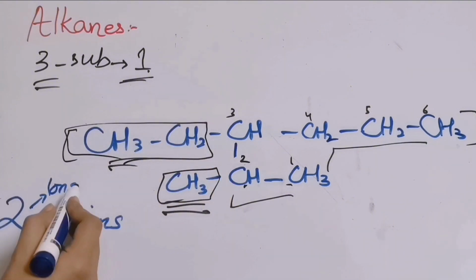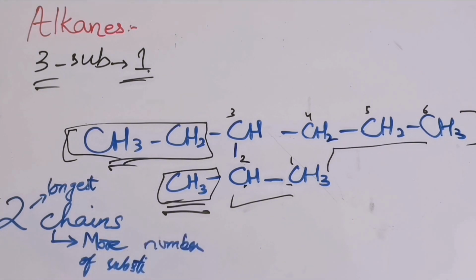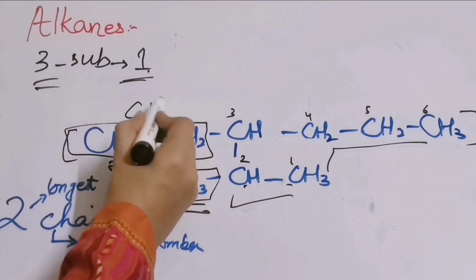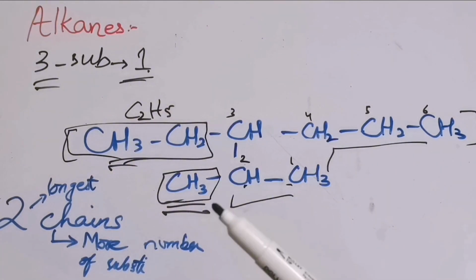So according to the last rule, if we were having 2 longest chains, then we will select the chain that will have more number of substituents. Now what will be the name of this compound? First we will write the name of ethyl. This is ethyl, C2H5. Then we will write the name of methyl because we will go alphabetically.